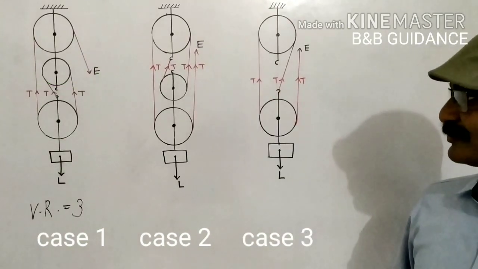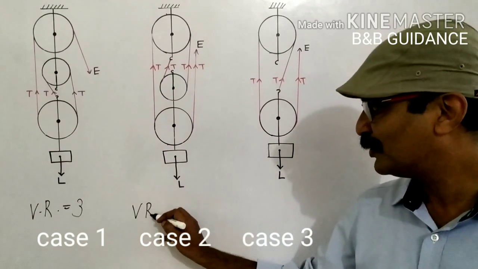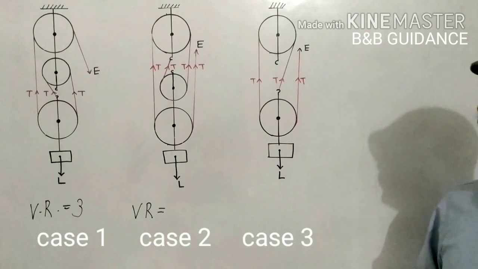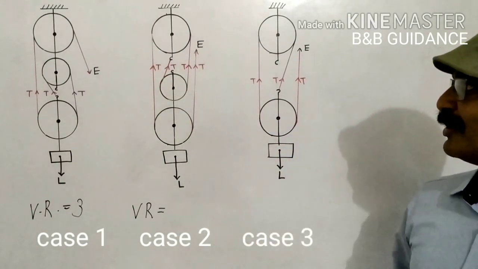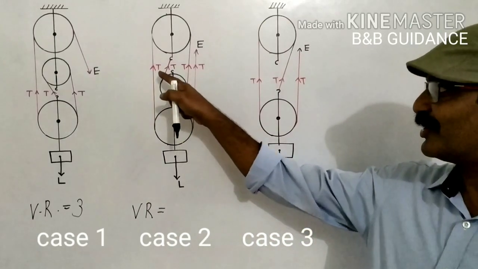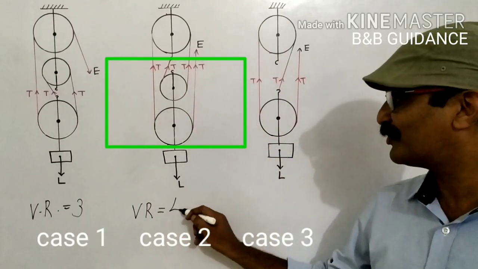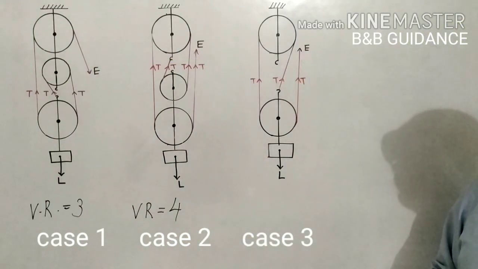What about this? 3 pulleys are there. So what is velocity ratio? Velocity ratio is not 3. Velocity ratio is equal to number of strands supporting the load. How many strands are supporting in this case? 1, 2, 3, 4. Here velocity ratio is 4. What about this?